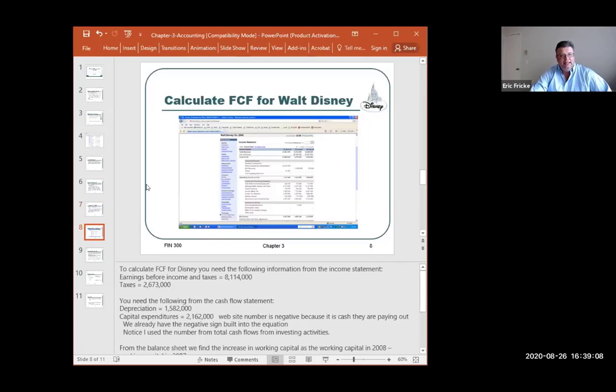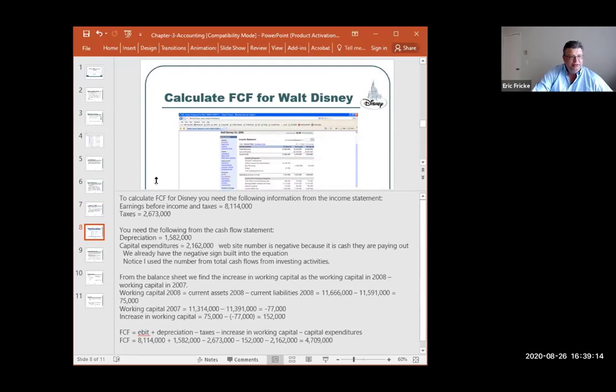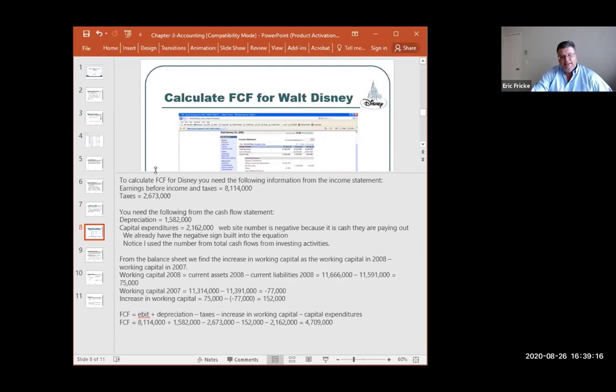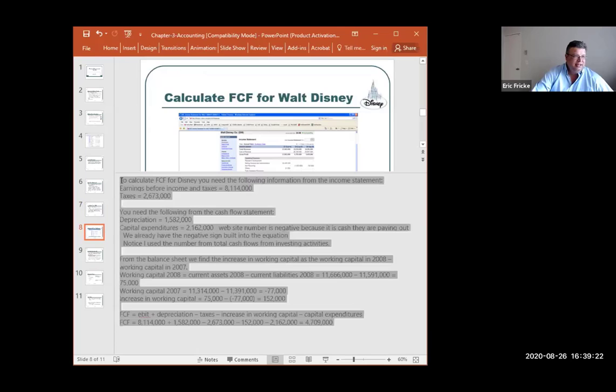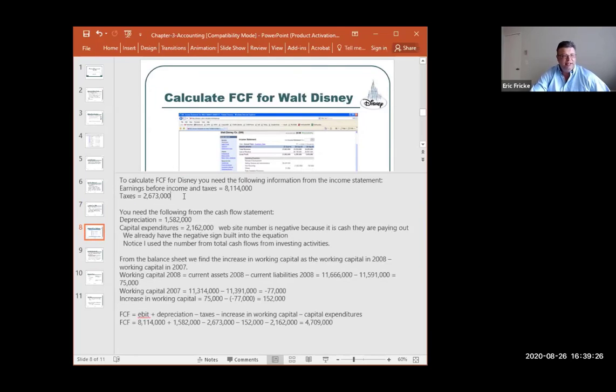Now, all the calculations we just went through are also shown on this slide, but I wanted to show you live. But some of the data is not live anymore for this one. I pulled the data from 2008, and that's not shown on Yahoo anymore.